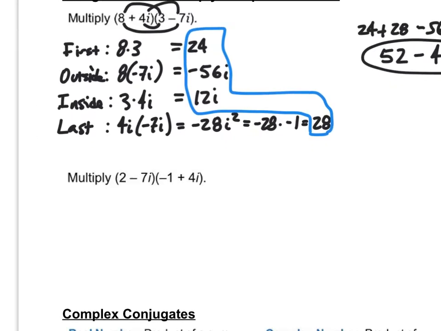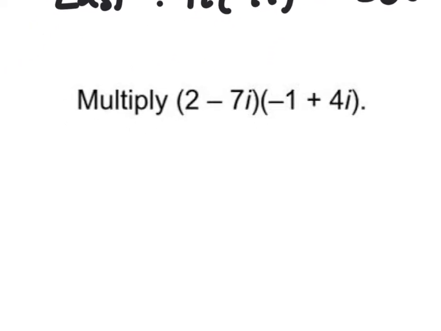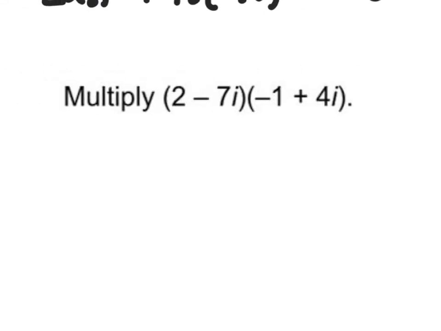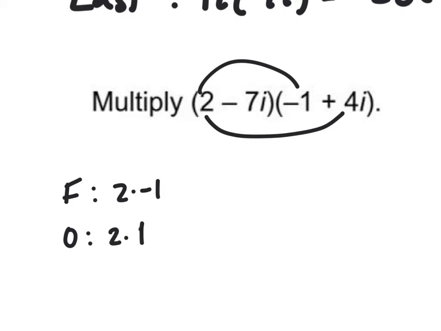Okay, so let's try this one more time, just to do this again. I'm going to multiply the first ones together. So my first ones are going to be 2 times negative 1. My outside terms are going to be 2 times 4i. My inside terms are going to be negative 7i times negative 1.